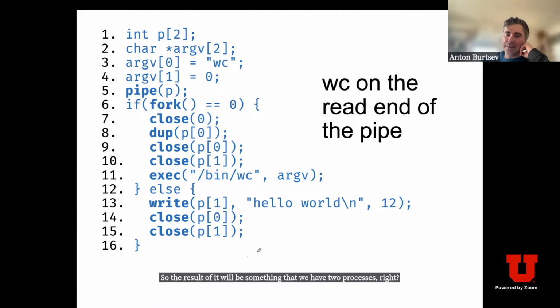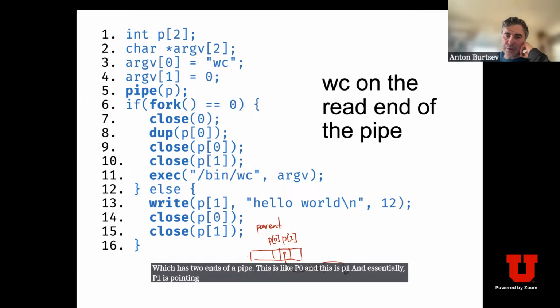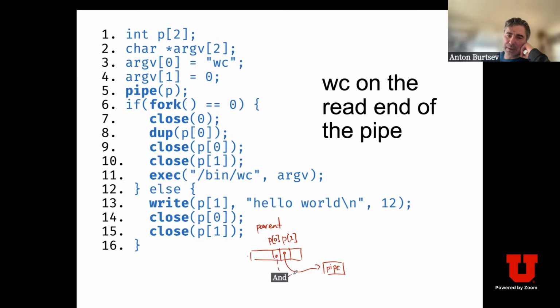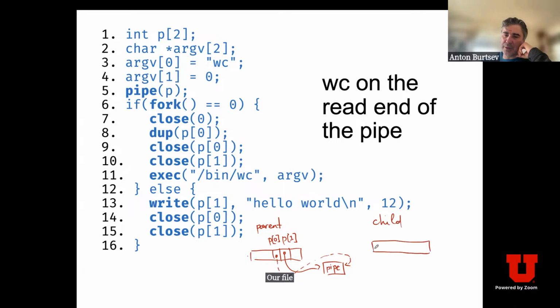Inside the parent, we have a file descriptor table which has 2 ends of a pipe. This is P0 and this is P1. P1 is pointing to the write end of the pipe in the kernel, and P0 points obviously here. And inside the child, our file descriptor table will look like this: file descriptor 0 will point to this end of the pipe. And these are 2 different processes.